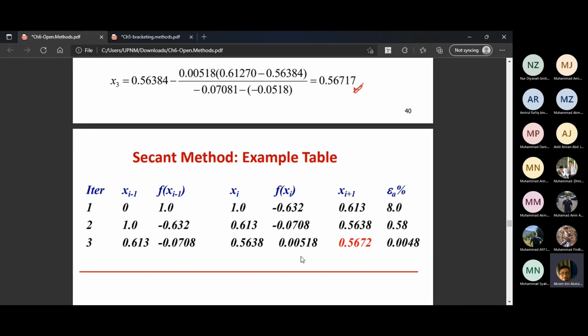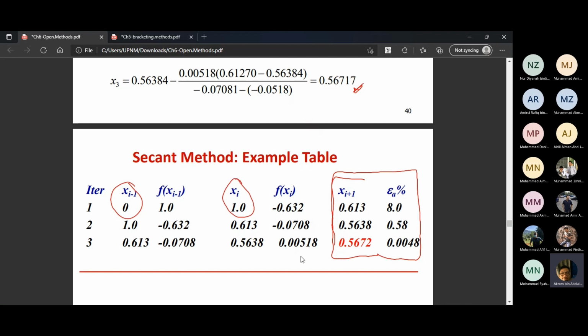So if we summarize what we have calculated so far until the third iteration, we will get this kind of table. We number the iterations. What is the value of x sub i minus 1? What is the value of xi? And what is the value? This is what we calculate, this is what we look for. This is what we had at the beginning. Our initial points are this one.